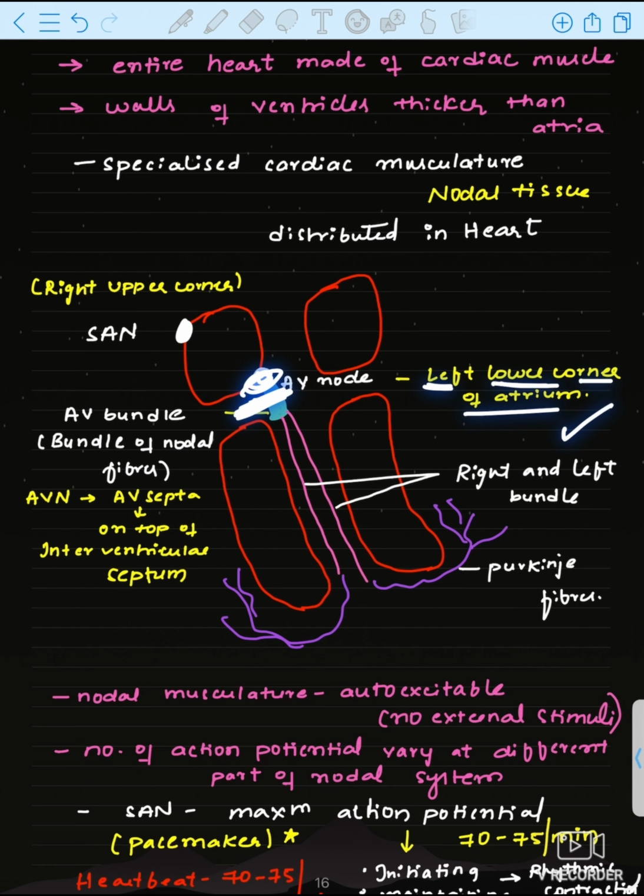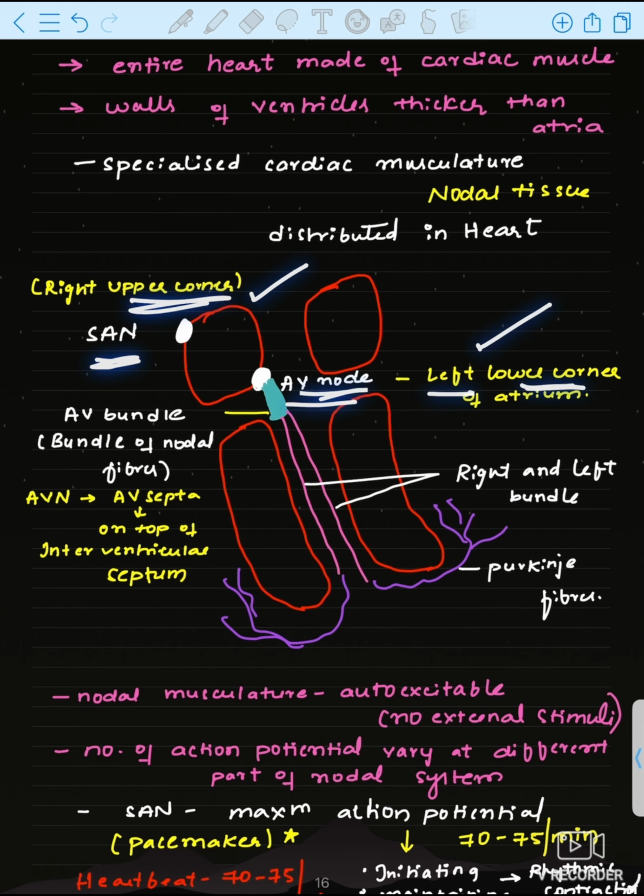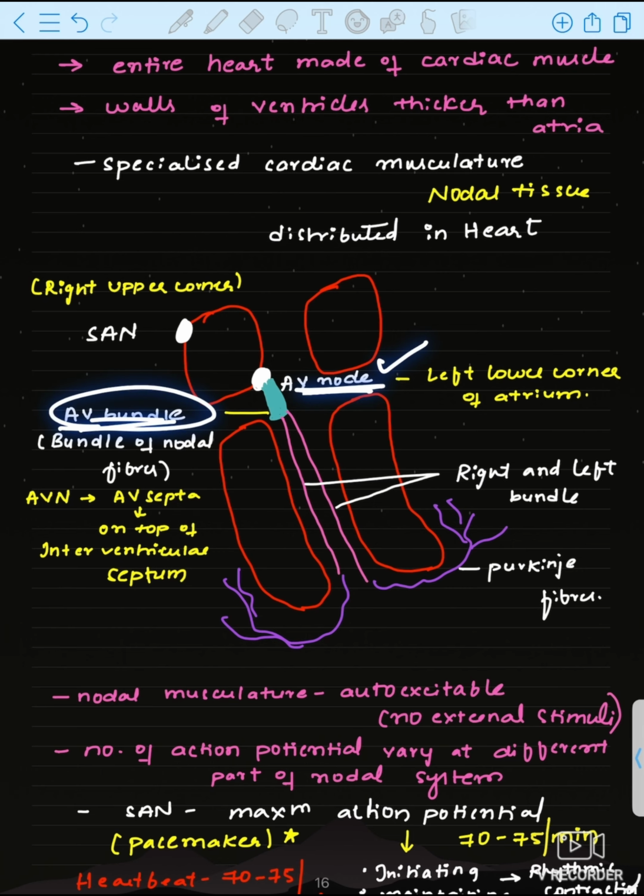So the sinoatrial node is on the upper corner and the AV node is in the lower corner, towards the left of the atrium. And after that you can see this cyan color. These are called the AV bundle. From the AV node, the AV bundle will be released. These are bundles of nodal fibers.